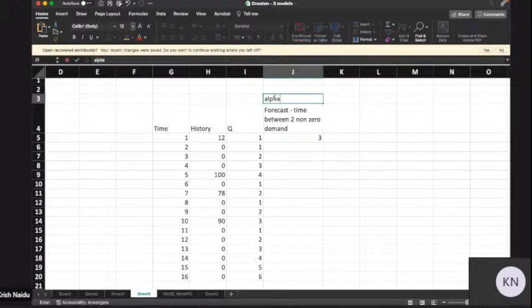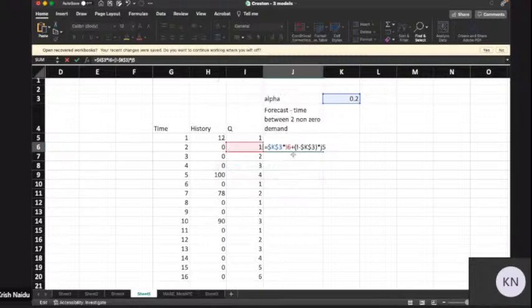Let's say this is my alpha and this is 0.2. I'm going to forecast now. This is my alpha into my current, plus 1 minus alpha into the previous one, that is J5.